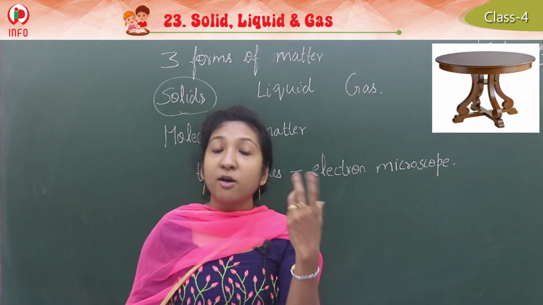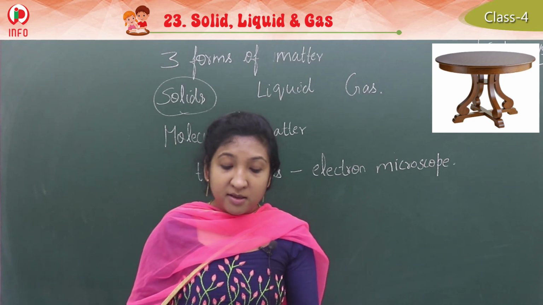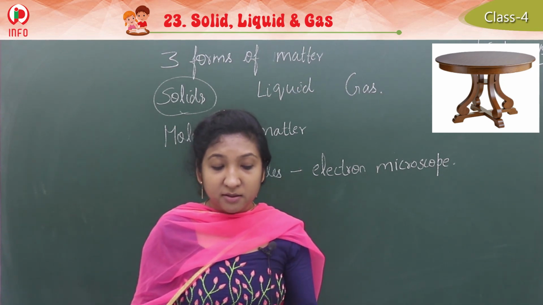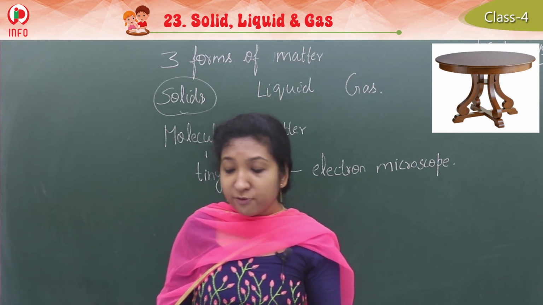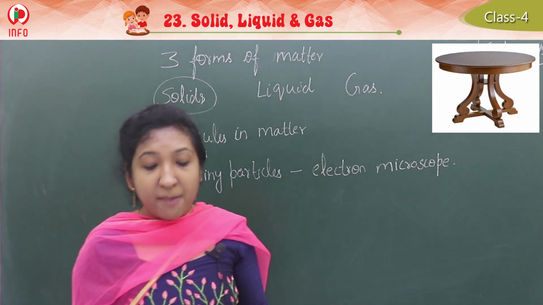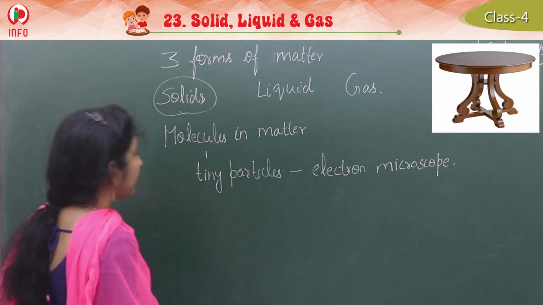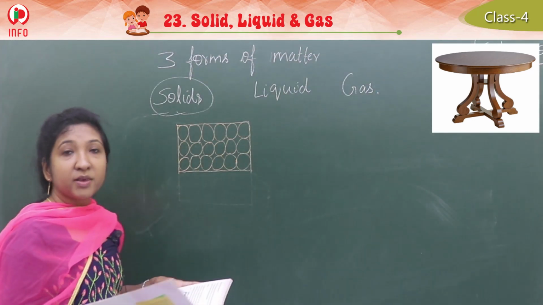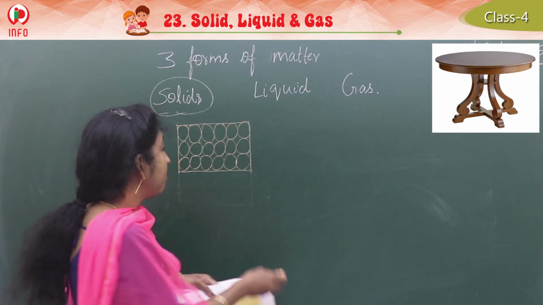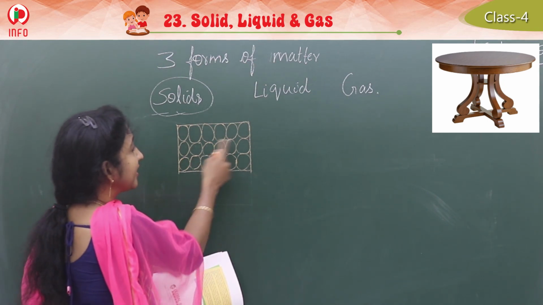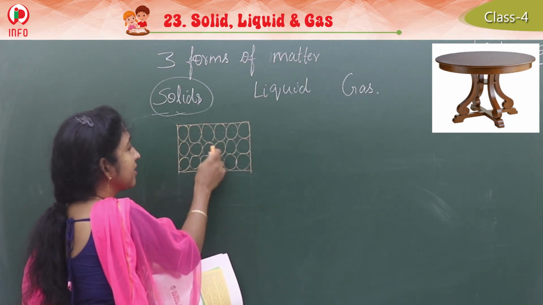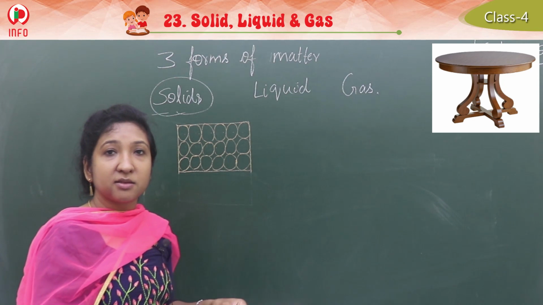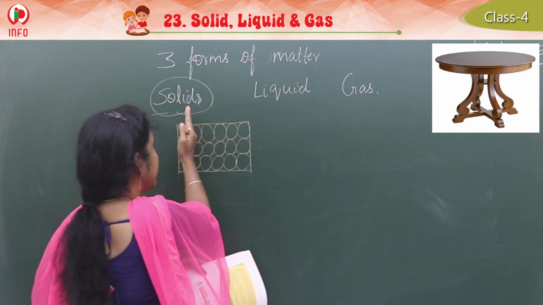So, in solids, how are the molecules packed? They are closely packed. They have a very strong force of attraction among them. See, the molecules are tightly packed, with no space in between.